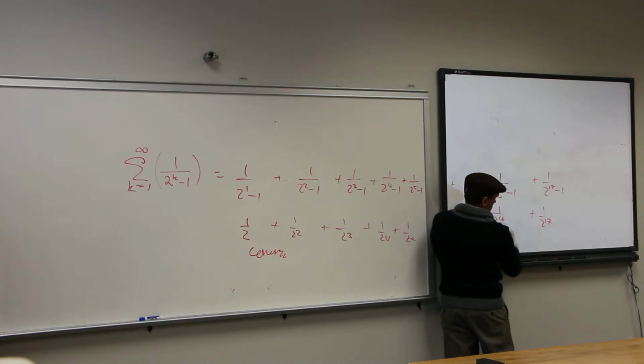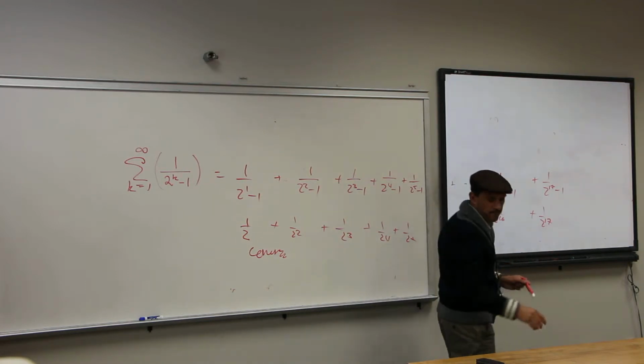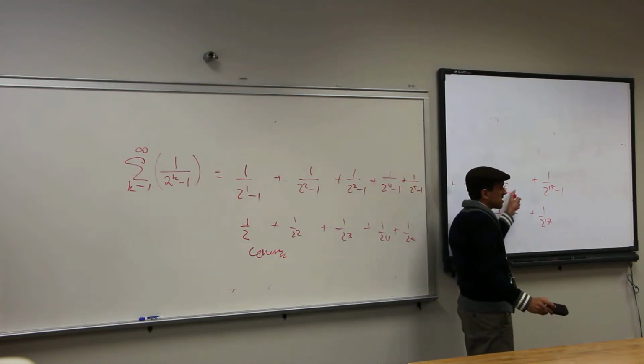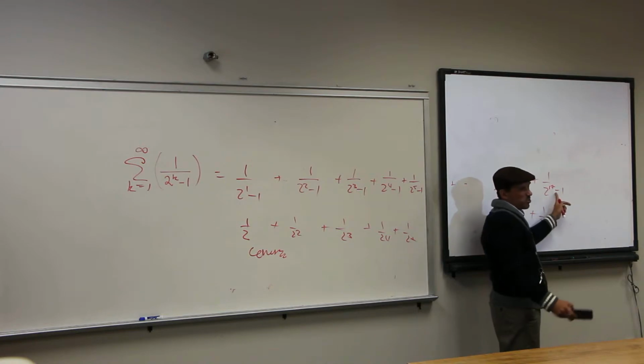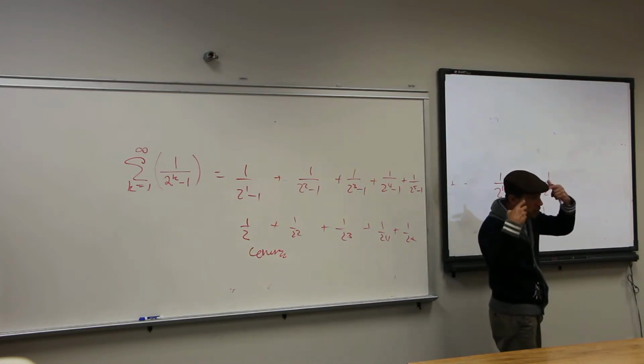What's the common ratio? 1/2. Because this is much smaller. And this is much smaller than this. You have to use your neurons.